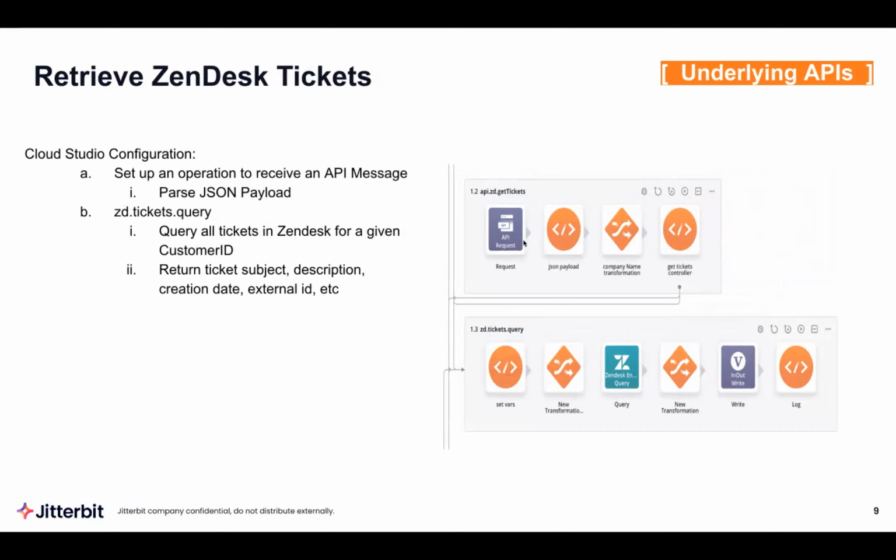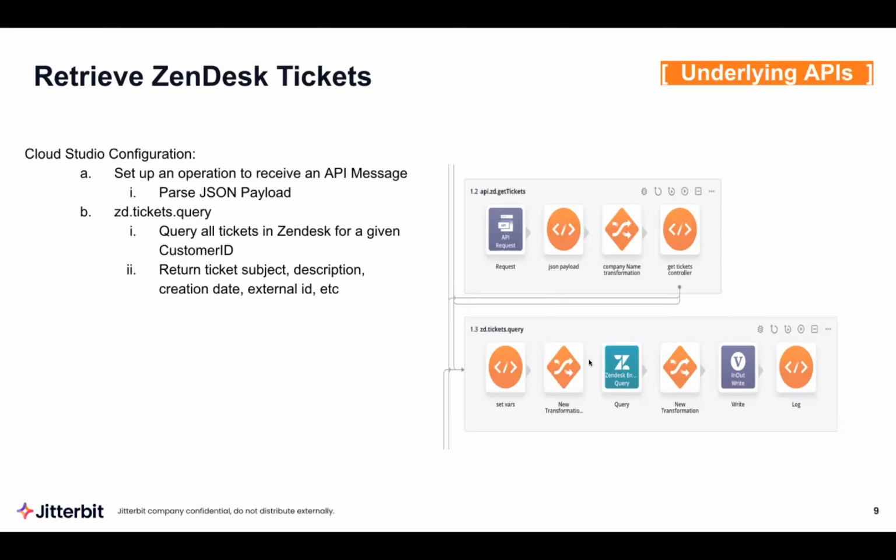So this receives a JSON payload from the consumer, and once we have that payload, we retrieve a company name, and we use it to query the tickets from Zendesk that are actually pertinent to that account.